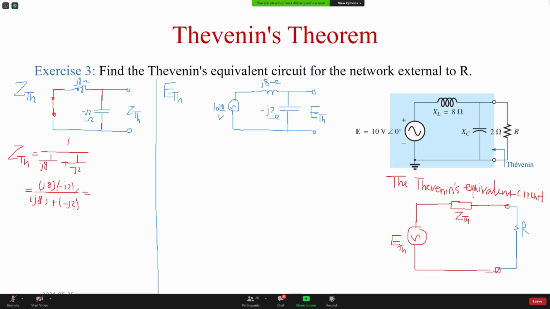This is gonna give me, J cancels out, 6 in here, and in the top is 16, so 16 minus 16J over 6. That gives me minus J2.667 ohm. So this is found: minus J2.667 ohm.